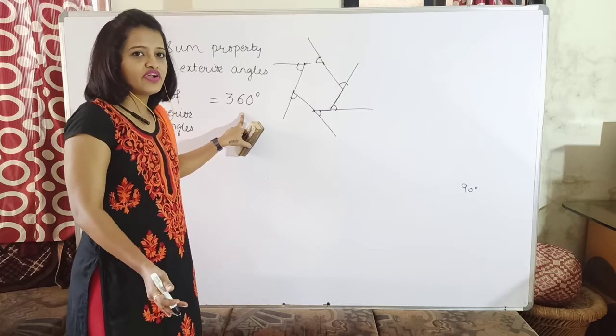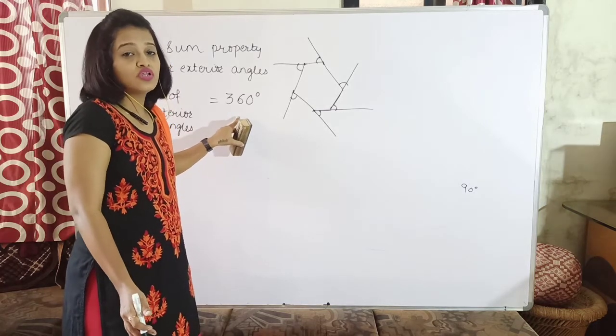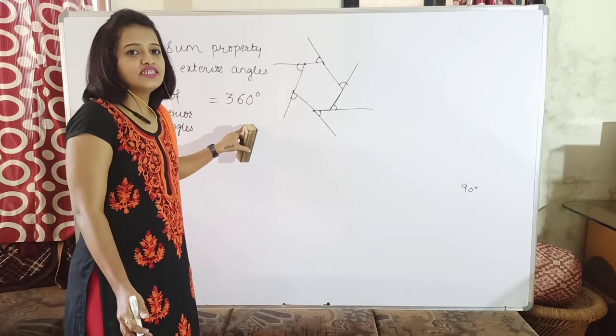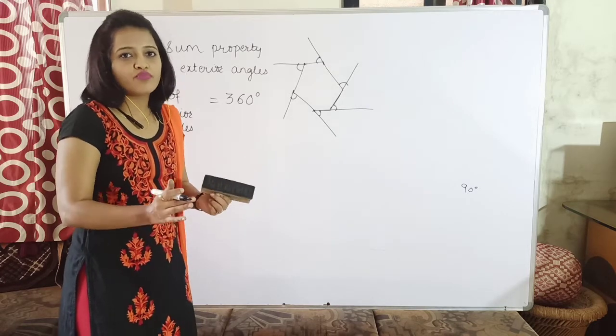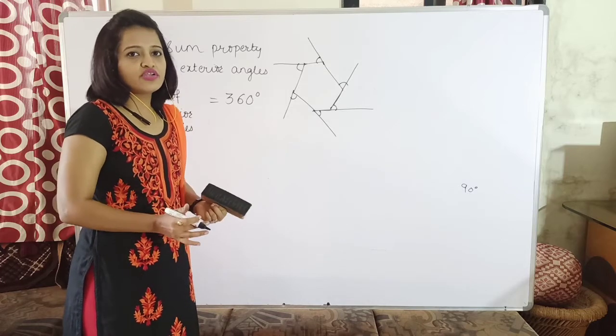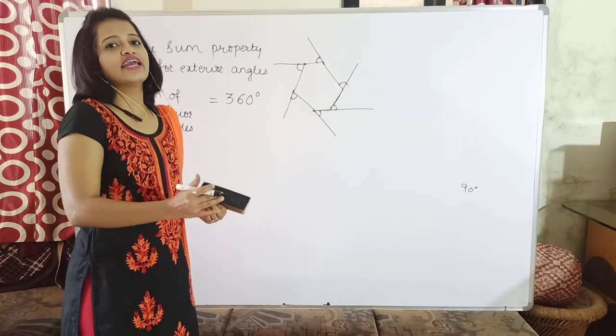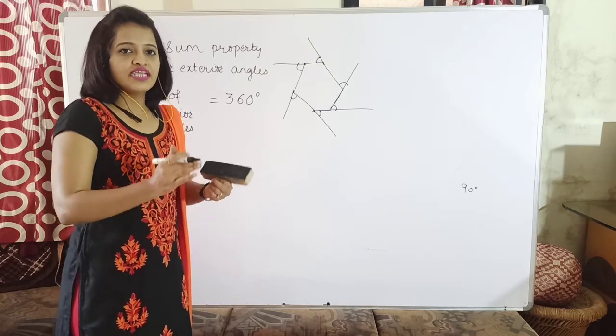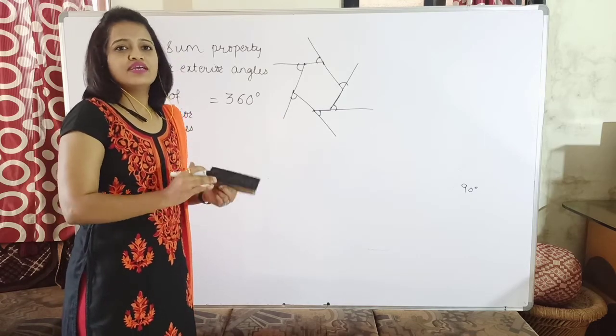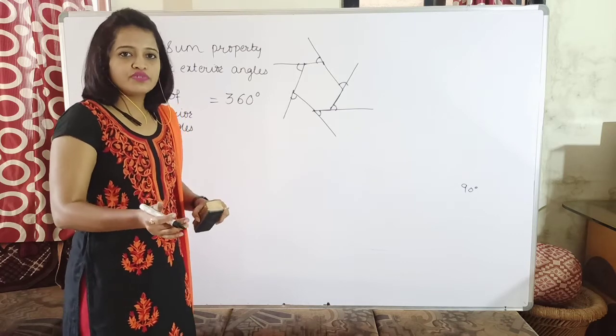Similarly, if I have to find the value of each exterior angle, again this is applicable only in case of a regular polygon. Only if it is a regular polygon will the exterior angles be of equal value, similar to the interior ones. If the interior angles are the same, then their exterior angles will also be the same.